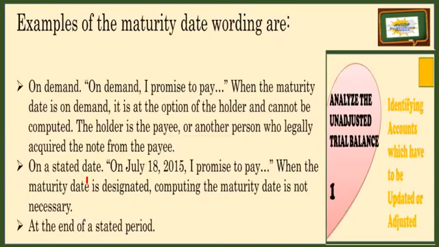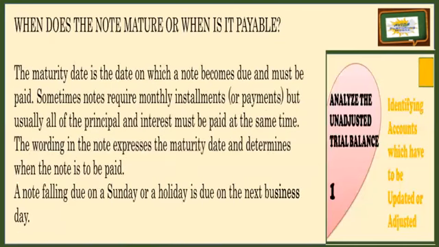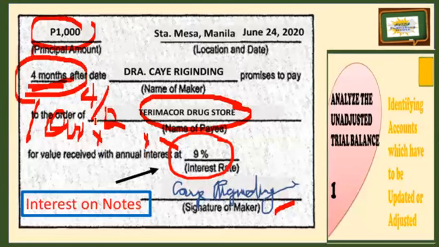On a stated date, on July 18, 2015, I promise to pay. When the maturity date is designated, computing the maturity date is not necessary because it is already indicated when it matures. At the end of a stated period, if there is a period given, like this one, 4 months after date, then after 4 months from June 24, that will be the due date.